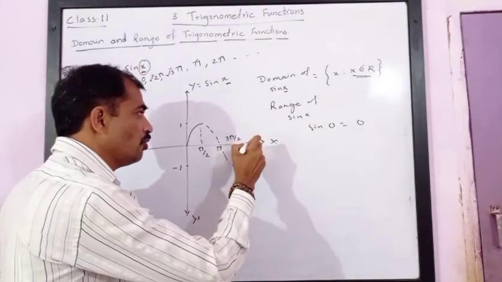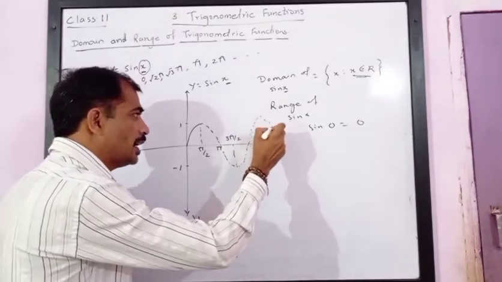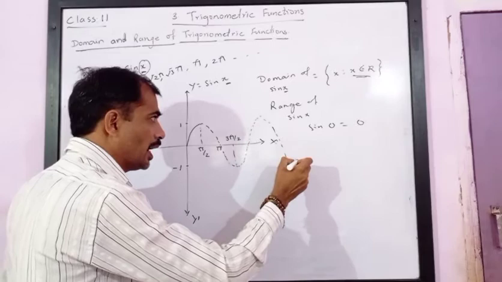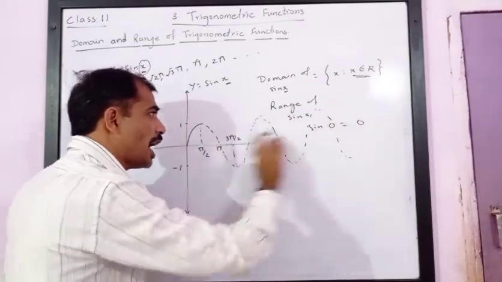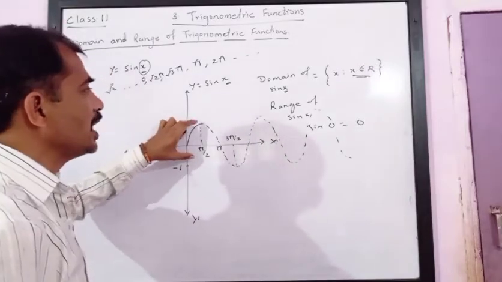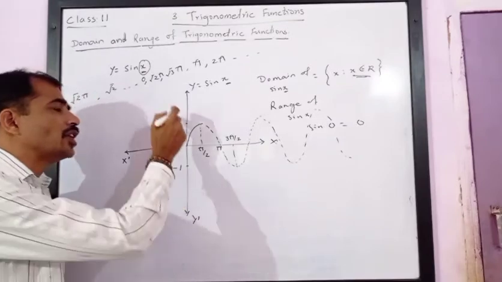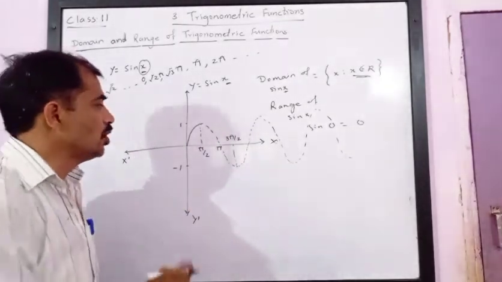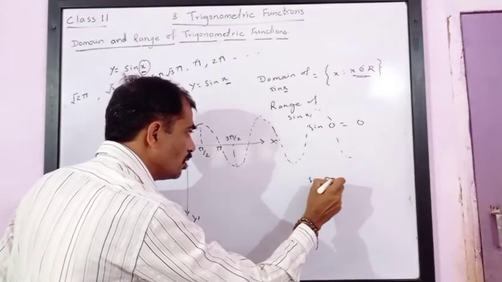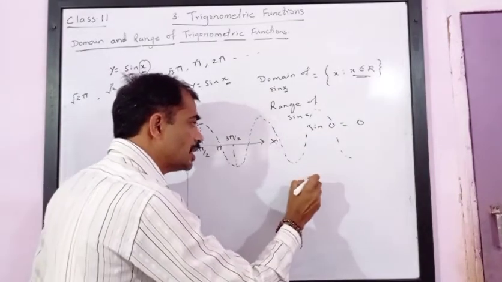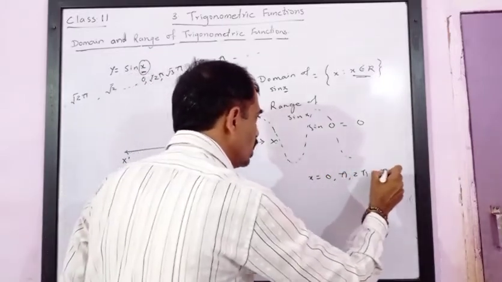If you extend the angle further, you will notice that it increases up to 1 and again decreases to negative 1. So as the angle increases, the value of sin x always changes from positive 1 to negative 1 and again from negative 1 to positive 1. Please note, sin is 0 when x is equal to 0, pi, 2 pi, 3 pi.